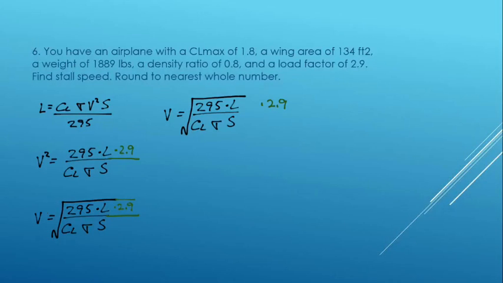Now we'll place our known quantities in. And now it's a matter of simply solving for velocity. The new velocity, the stall speed in this case, is going to be 92 knots, and that will be in true airspeed.